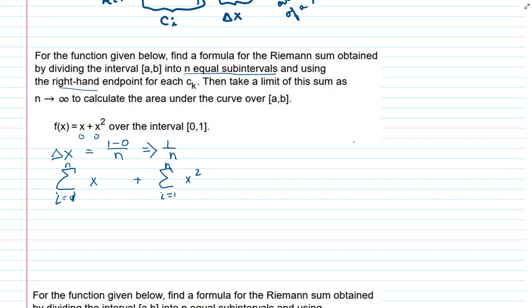And this way I can tell you that if I do the first one, the c of 1 here, I'm going to have what? n times n plus 1 divided by 2 is for our x, correct? But we're going to multiply that by our delta x, 1 over n.